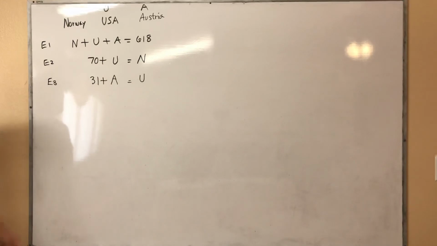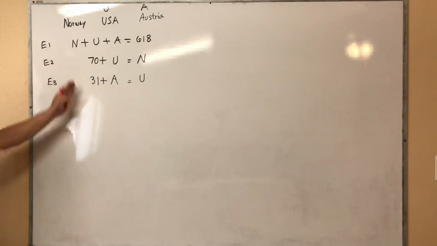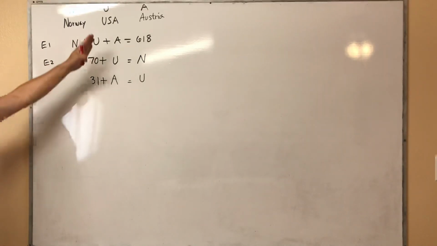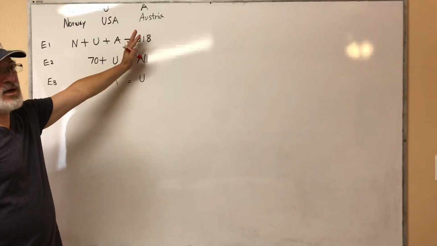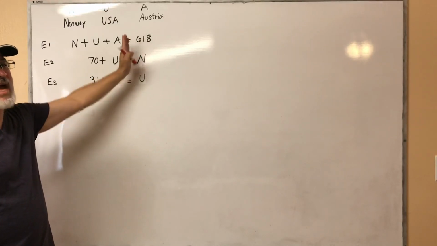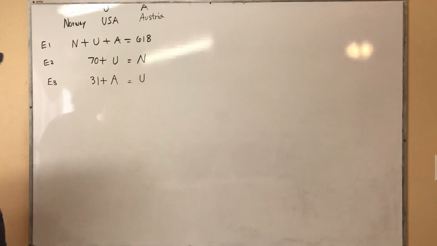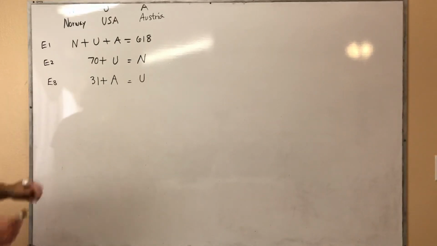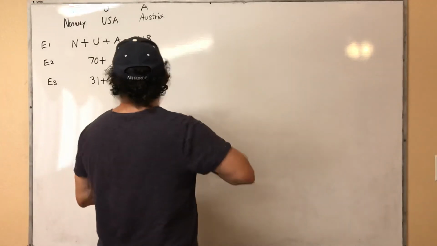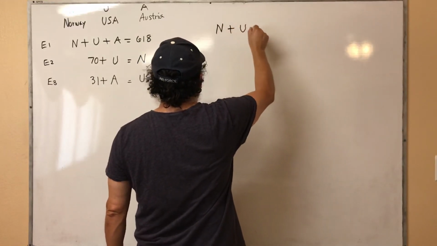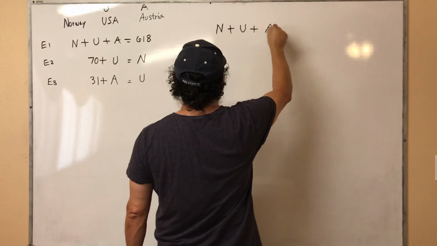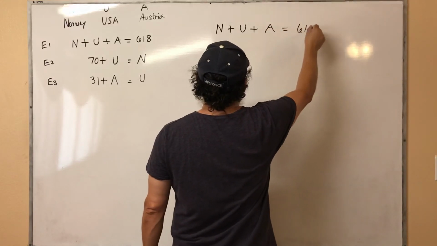All you have to do is line up the variables. Notice N is first, U is second, A is third, and these are the constant terms. The first one stays the same: N plus U plus A is 618.